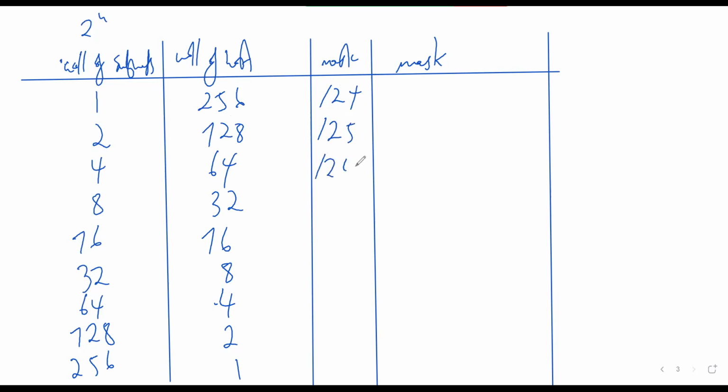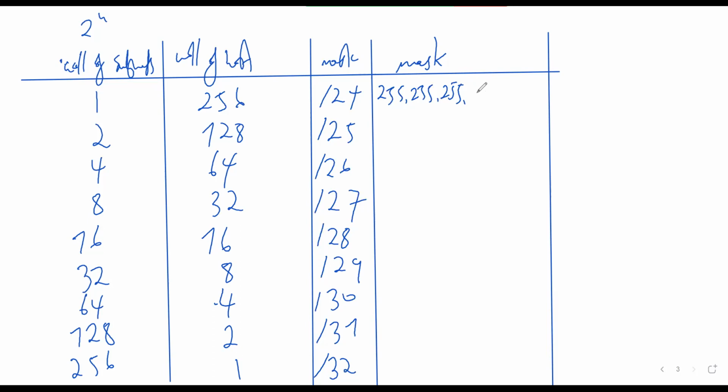/25, /26, /27, /28, /29, /30, /31, /32. The complete mask will be here: 255.255.255.0.